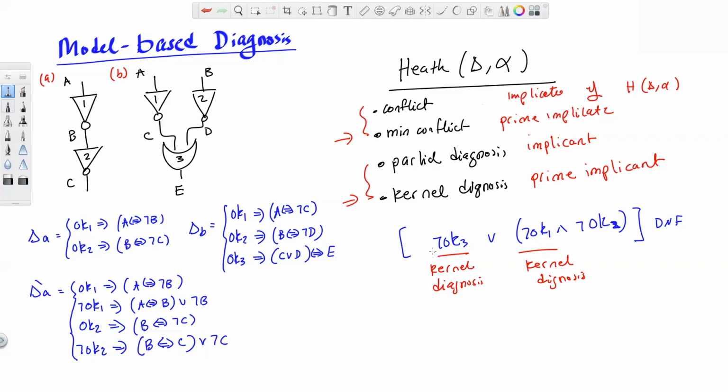Now, you can write this in another form. You could have written this as not okay 1 or not okay 3, and not okay 2 or not okay 3. Do you agree with this?